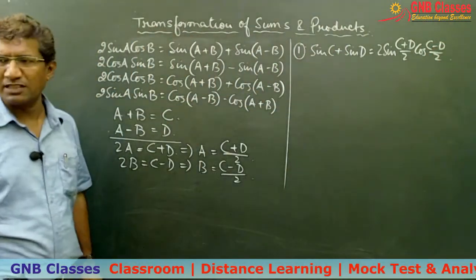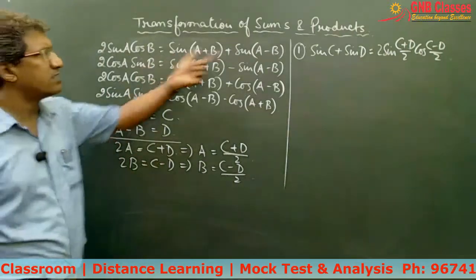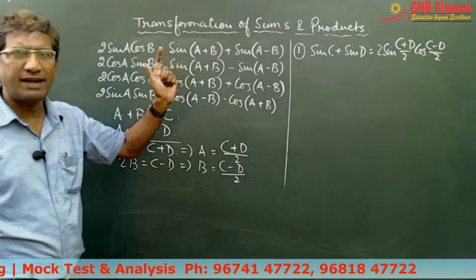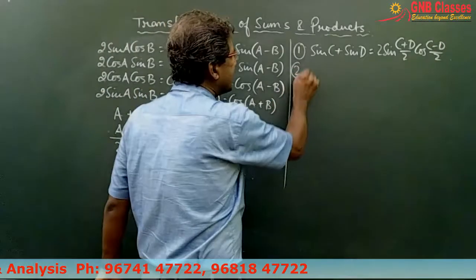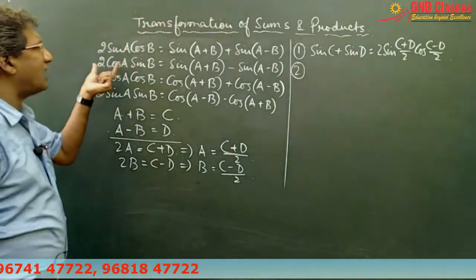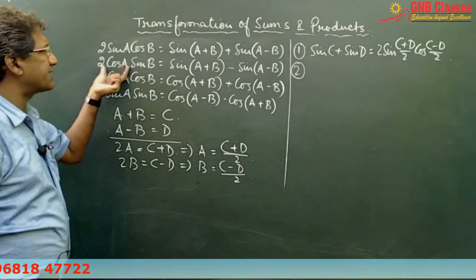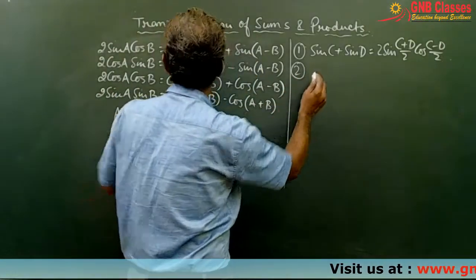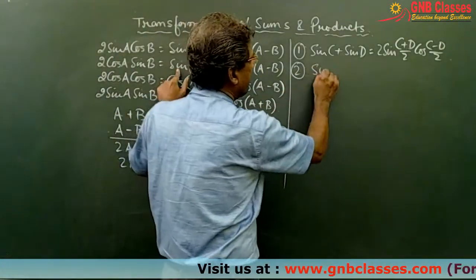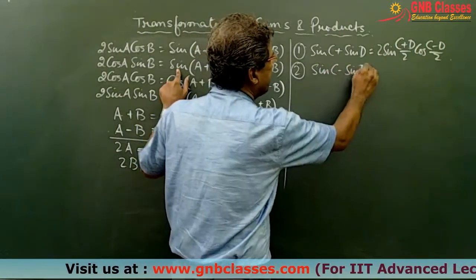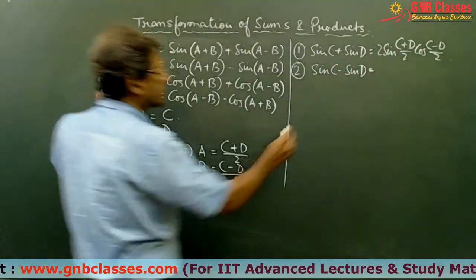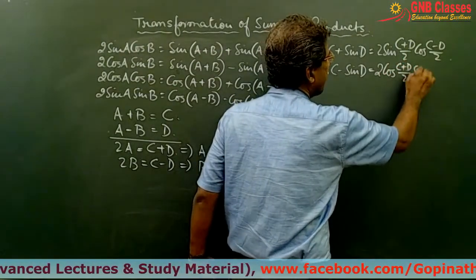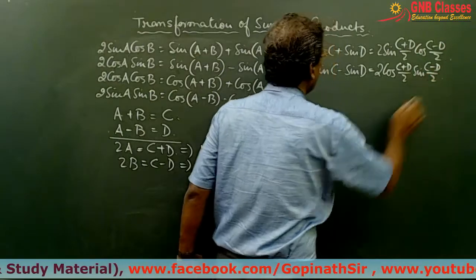This is the first formula that we got by replacing A plus B and A minus B. Now we are getting the second formula by replacing all the values in the second equation. We are going to get another formula, sine C minus sine D, which will give you 2 cos C plus D by 2 sine C minus D by 2, right?